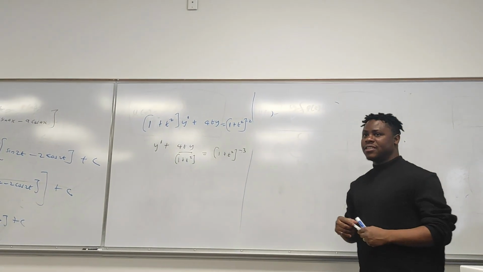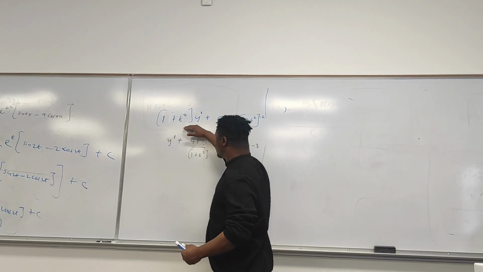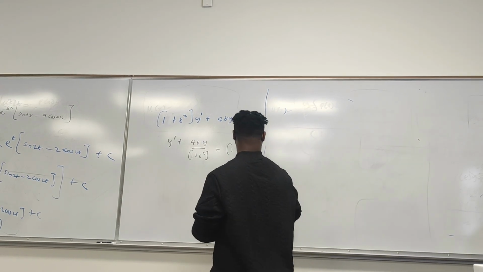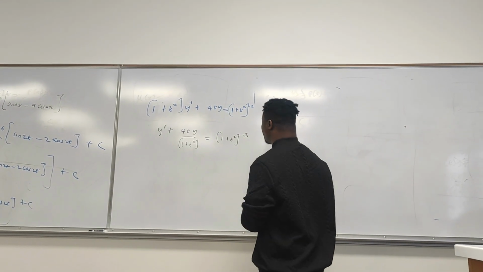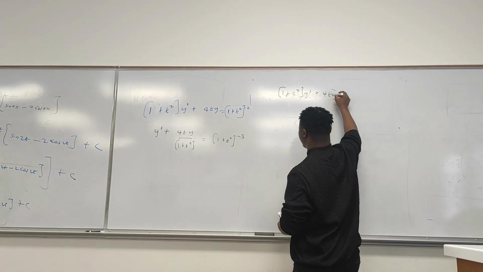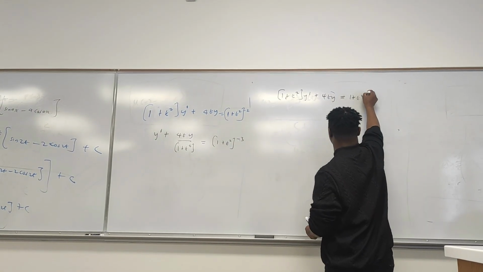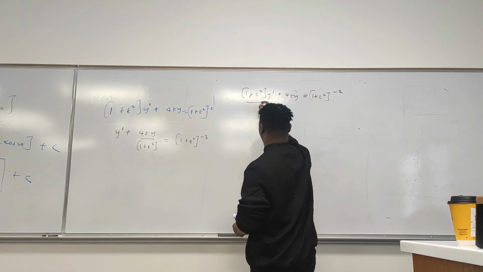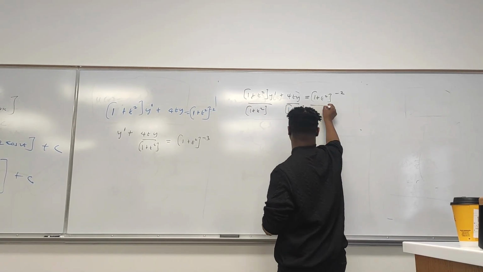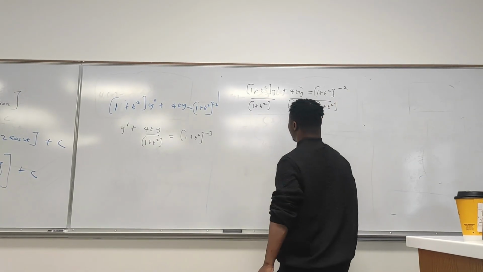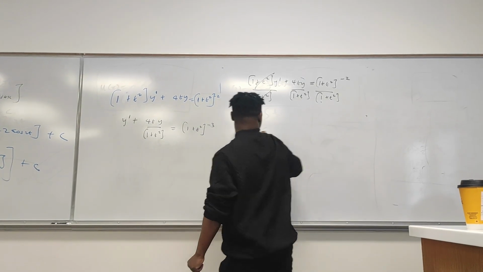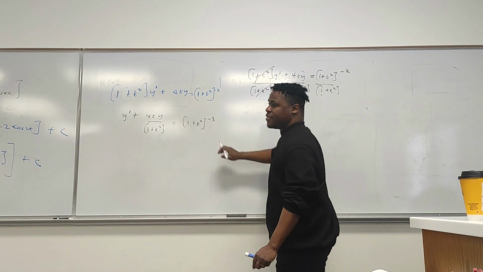Do you agree? So you divide through by 1 plus t squared. Okay, let me simplify it to make it easy. This is the question here: 1 plus t squared y prime plus 4ty is 1 plus t squared to the negative 2. If we divide through by 1 plus t squared, this cancels and we're left with y prime. This is this here, and this one goes to negative 1, that is negative 3.